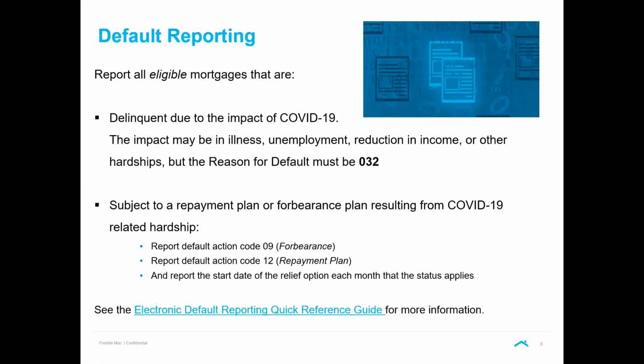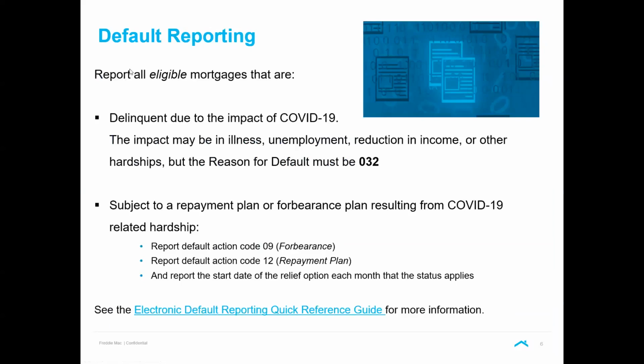So for EDR reporting, we are requiring that servicers report the code 032 as the reason for default, and that's for the national emergency. And then also, if the borrower is in a forbearance, you're also going to be reporting the default action code 09 for forbearance.